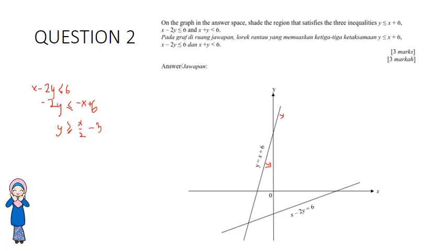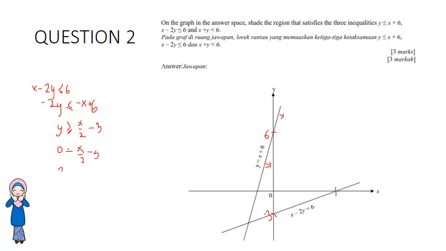So that is where the trick of the question is. So we see the y-intercept is now negative 3. So this point is negative 3. It will be easier for you if you know all the points or at least the intersections. So this is 6, as the c is 6. And for the x-intercept, when y is 0, so 0 equals x over 2 minus 3.